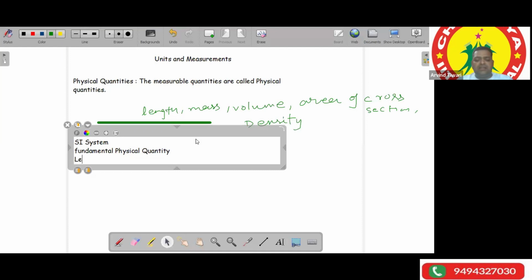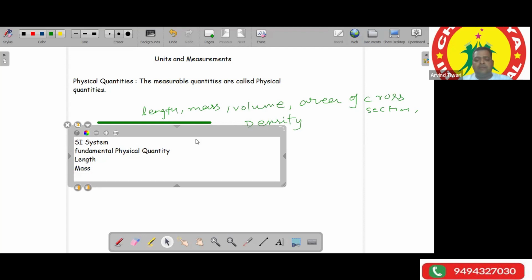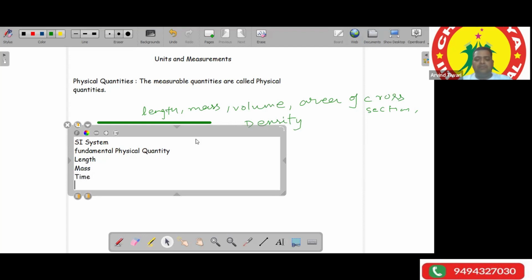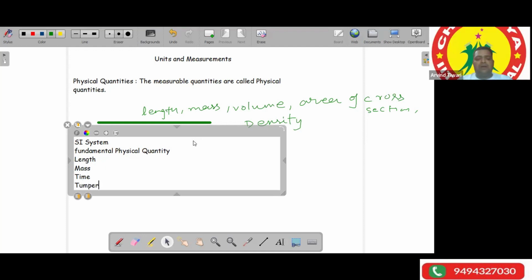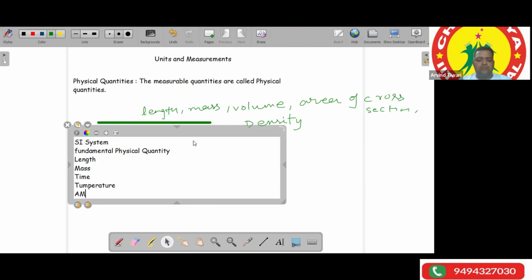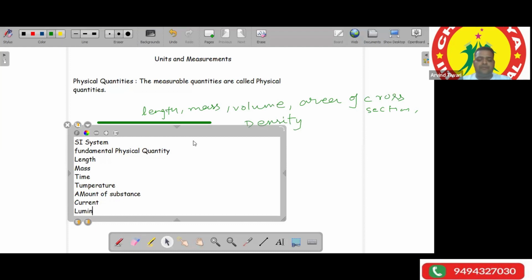For example, length, mass, time, temperature, amount of substance, luminous current, and luminous intensity.